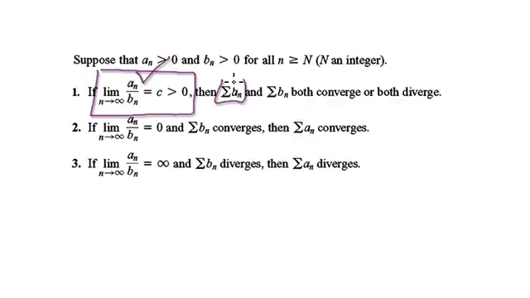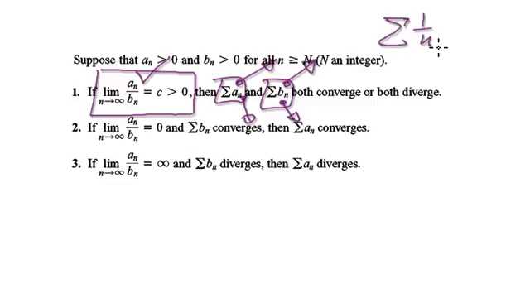So now it comes down to this thing here. If this diverges, then this will diverge. That's what the theorem is saying. If this thing here converges, then this converges. But if you look at our bn, our bn was this, n equals 1 to infinity. We know a lot about this harmonic series. It's going to diverge.